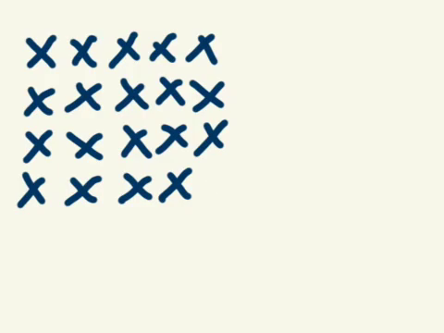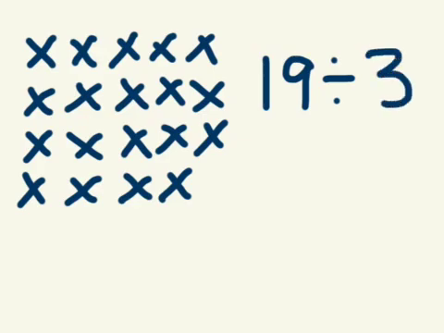Okay, so let's pretend we have 19 hockey cards, and we'd like to divide them into groups of 3. So that's 19 divided by 3.